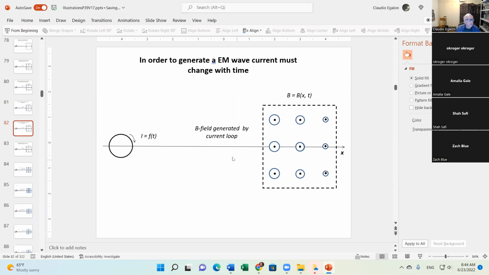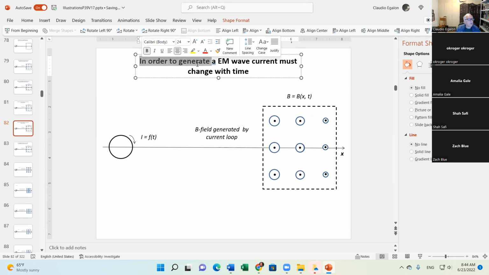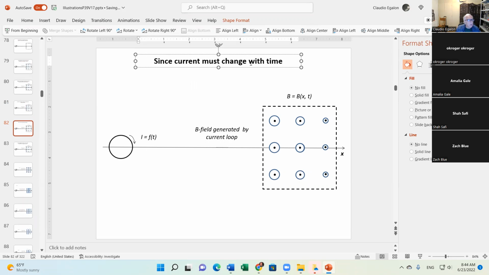Since current changes with time, the B field also changes with time. You're going to have a variation in space and time of the magnetic field.